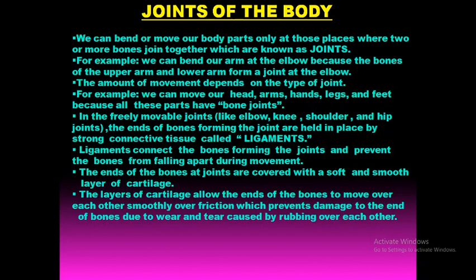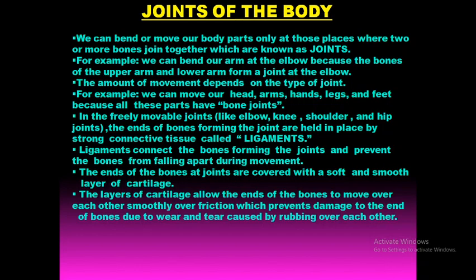It connects the bones forming the joint and prevents the bones from falling apart during movement. Like we are moving with the help of the bones, it can happen that a bone could fall apart. This falling apart is prevented by the ligament. The ligament holds the bones in a strong manner.